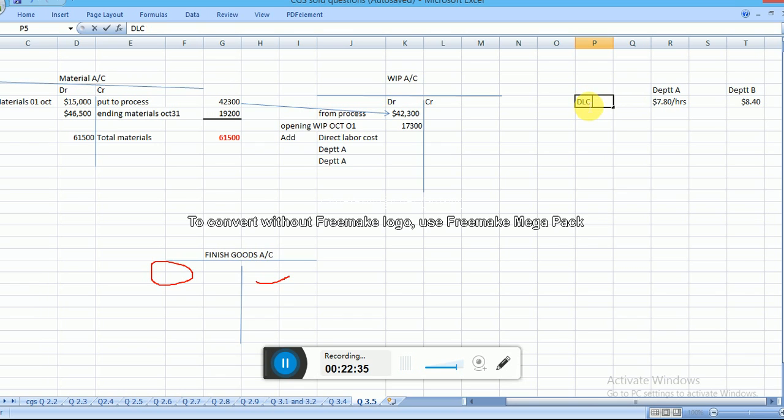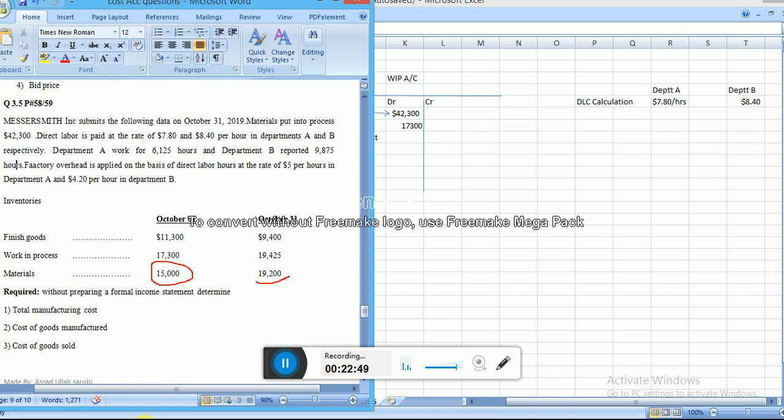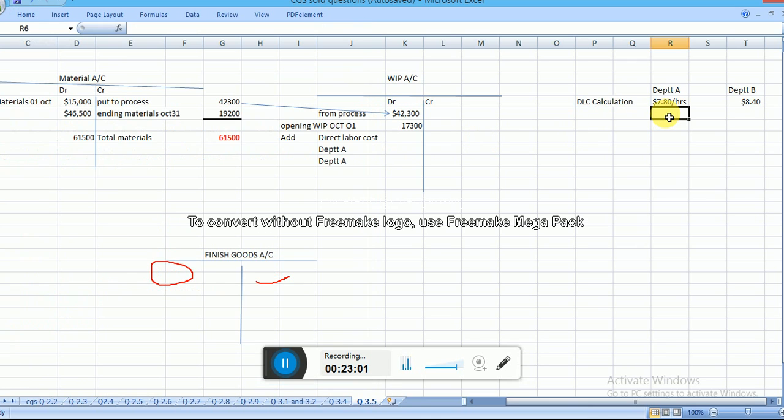Now this is for the direct labor cost calculation. Number of hours in department A and B is also given, which is in department A 6,125 hours and in department B 9,875.